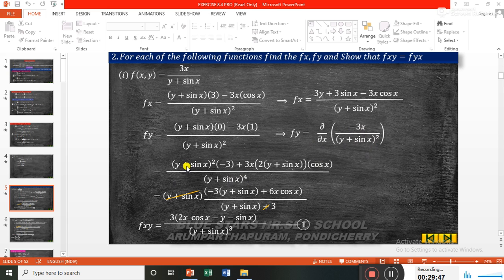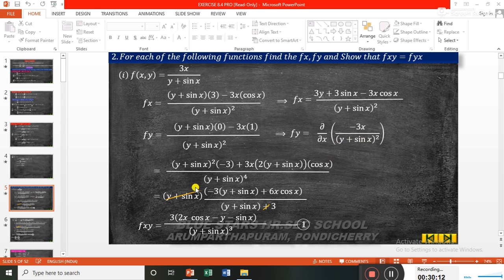I write the denominator y plus sin x whole square into, I differentiate the numerator minus 3, plus, the middle term minus will come. So minus of minus 3x into, I differentiate the denominator: 2 into y plus sin x into the differentiation of y plus sin x. I differentiate only x terms, so y is 0 and the differentiation of sin x is cos x.